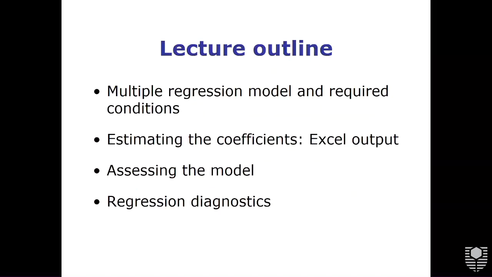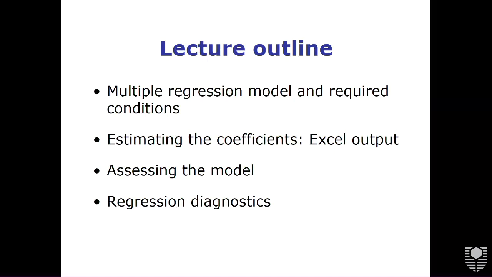So the lecture outline: the model requires some important conditions. The conditions will be the same in terms of the standard error, R squared, autocorrelation, heteroscedasticity, and the estimation. If we have raw data, we use software with the same function, data analysis and regression.